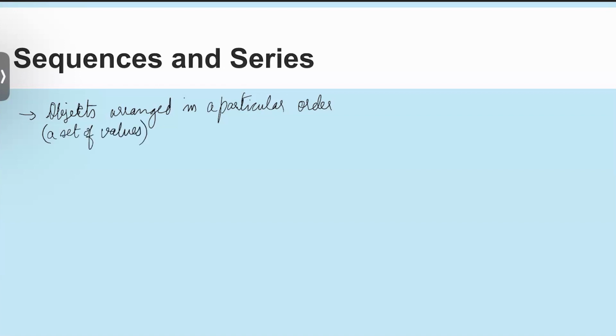So you will have A1, A2, A3, A4, and so on up to n. n is the last term, or the last position. Your An is the last term of the sequence.